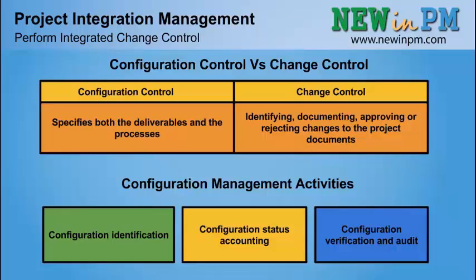The second one, configuration status accounting. The configuration status accounting has a record of the approved configuration documents and reports as to when appropriate data about the configuration item should be provided.